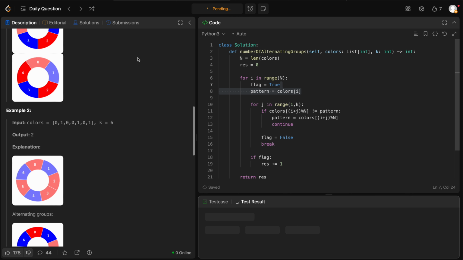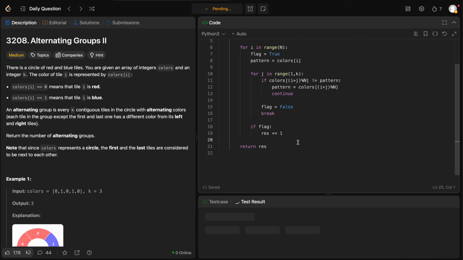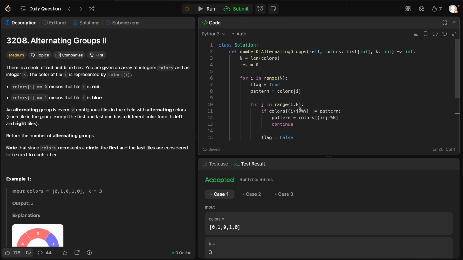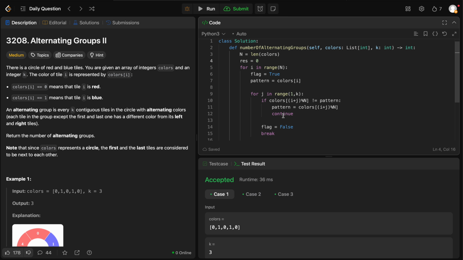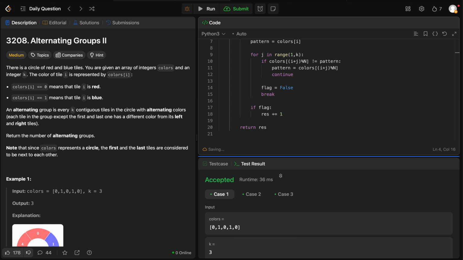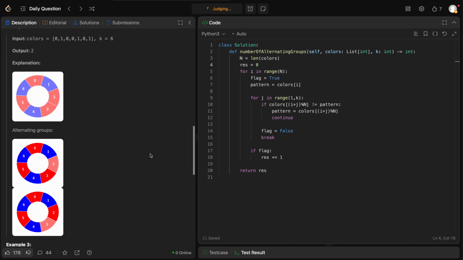Why is it so slow? I suppose my internet is bad, yeah, it is the internet. Okay, let's try to submit, but it should work in my opinion.